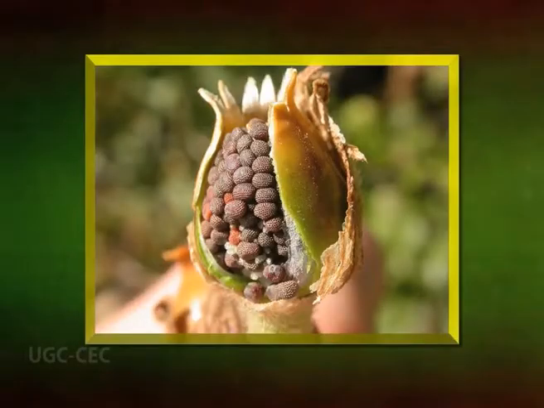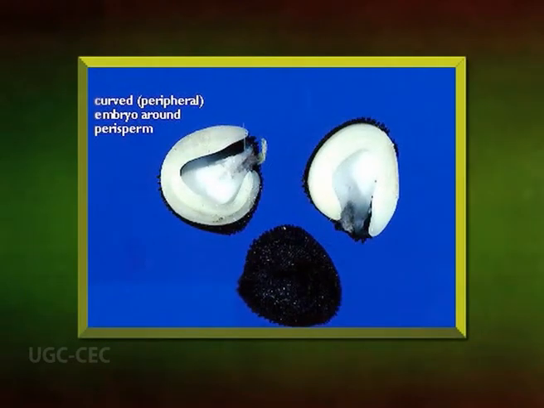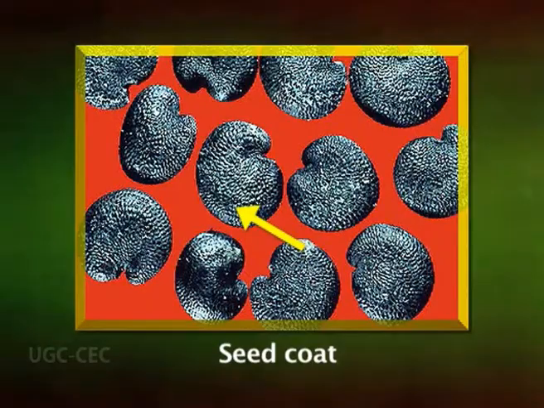Seeds are endospermic or non-endospermic, but perisperm is often present. The cotyledons are 2 in number. Embryo is achlorophyllous and usually curved, but sometimes coiled or straight. The seed coat is often sculptured.